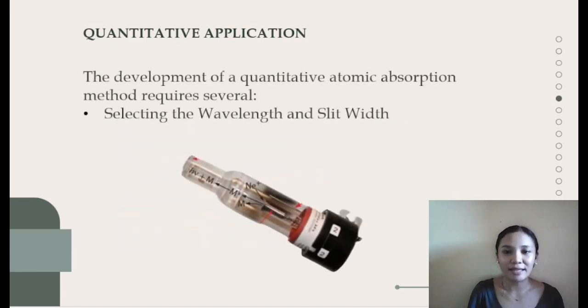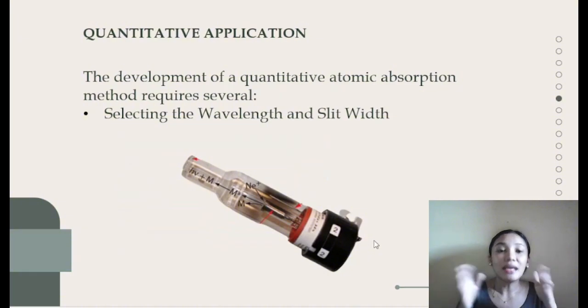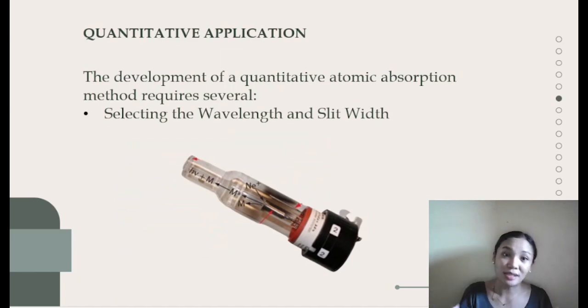Next, selecting the wavelength and slit. In here, we are going to select an apparatus that serves as a radiation source when it comes to selecting the wavelength and slit of a sample. We must always bear in mind that the atomic absorption line is about 0.02 nanometer.